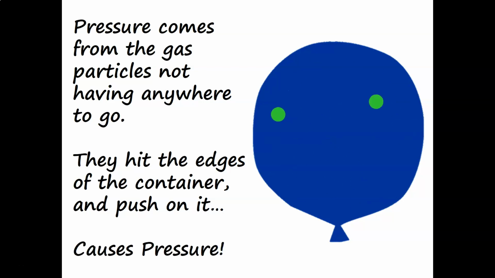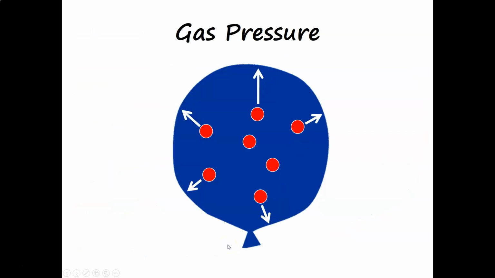And that's what's causing the pressure that we see and that we feel. We often diagram it like this with little arrows. The arrows are pushing onto it, right? They show you the direction they're going. You could even use the size of the arrow to show how fast they're going. So diagramming it like that is very helpful sometimes.